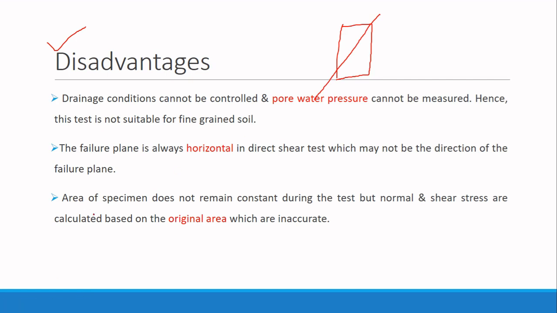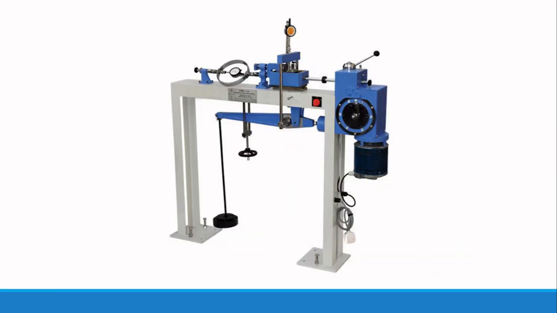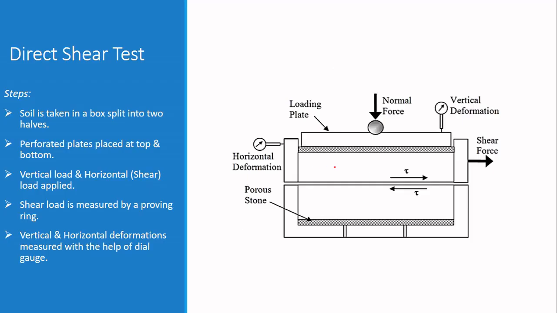The third disadvantage is that the normal and shear stress that we calculate are actually based on the original cross sectional area of the soil sample. But you see, when the direct shear test is carried out, the upper half moves to the right hand side and the lower half remains fixed.